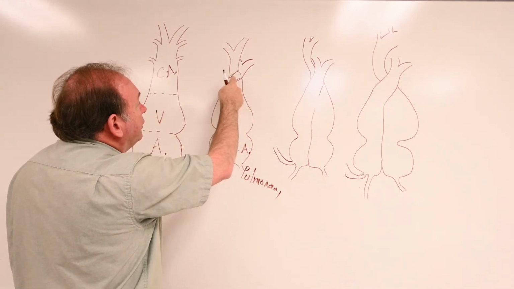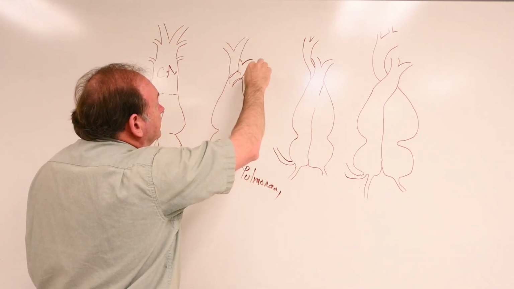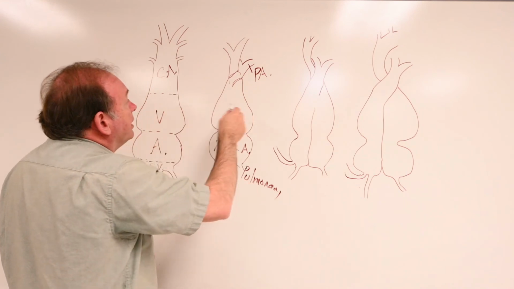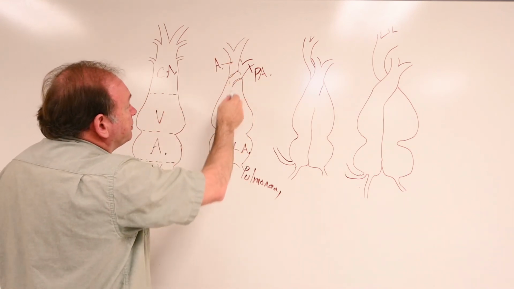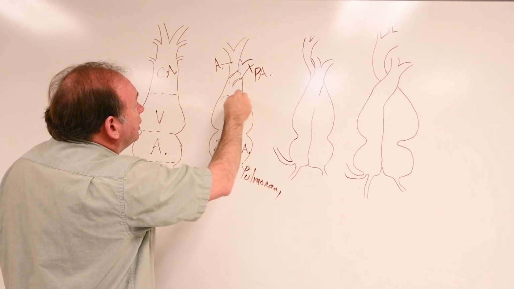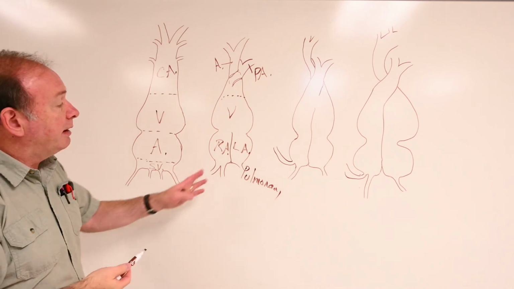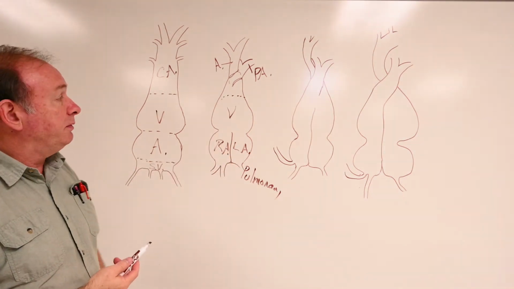It's going to be routed through the spiral valve and into the pulmonary artery. I'll label that PA, pulmonary artery, and this over here is the aorta on this side. And there's your spiral valve. This would be the region of your conus arteriosus up here. There's your ventricle. So you have partial separation of the blood flow, not complete separation of the blood flow.